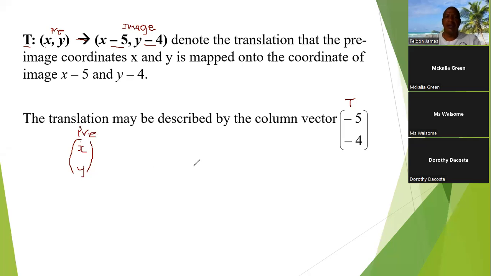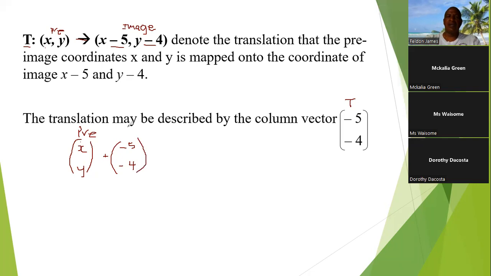All right. Now, you will undergo what we call your translation by adding your translation vector. So if you add your translation vector, you will be adding -5 and -4.